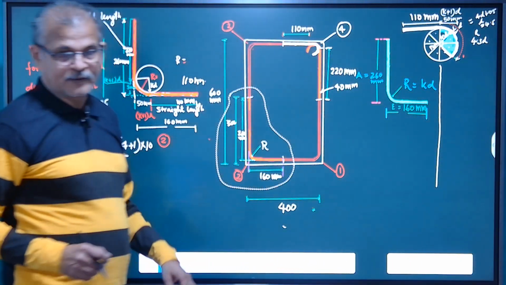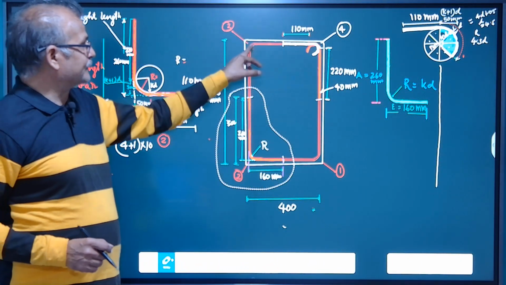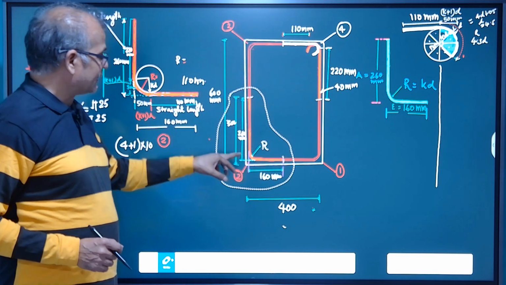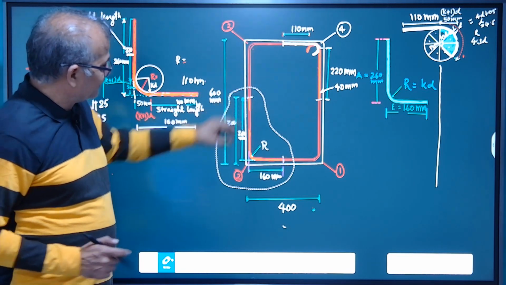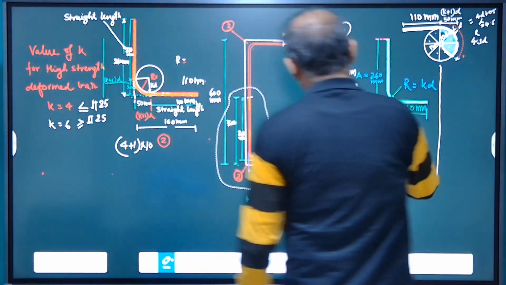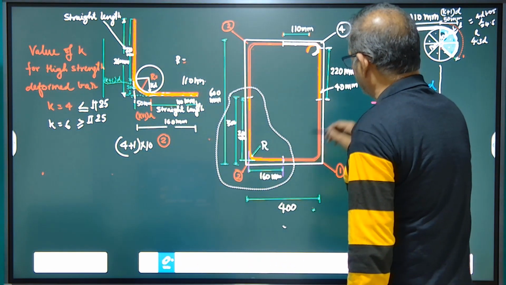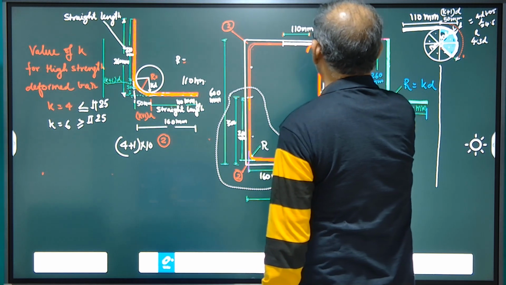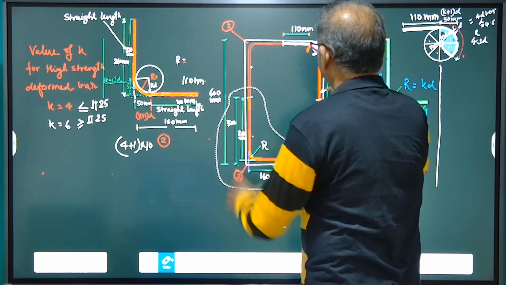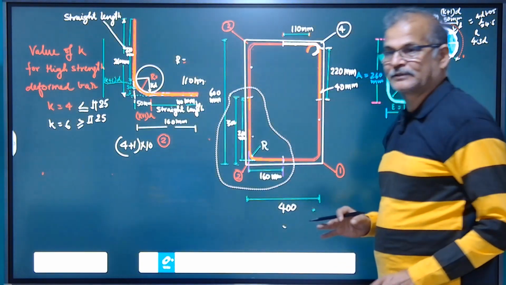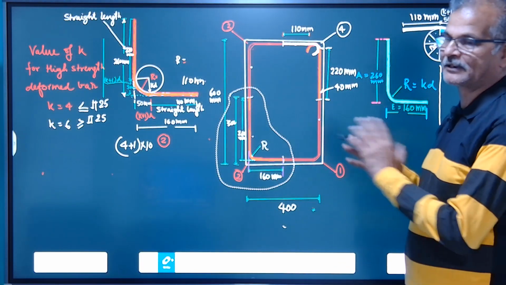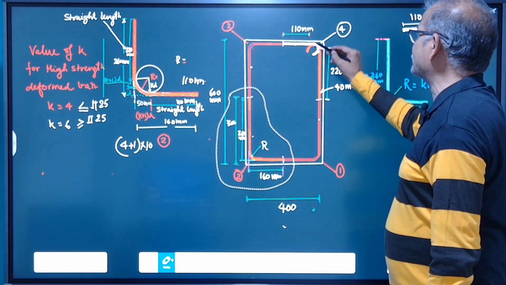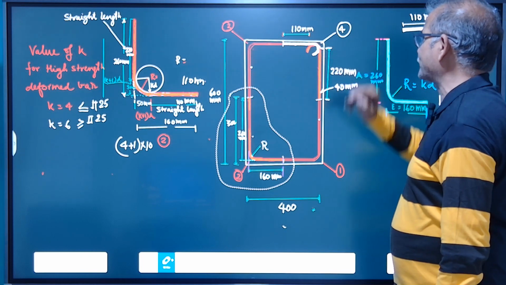Again, this is the stirrup in which there are three bends: one, two, three, equal bends. Then if we find out this straight portion and this straight portion, and subtract them from the total cutting length we had determined already, we will find out the length of this hook portion.